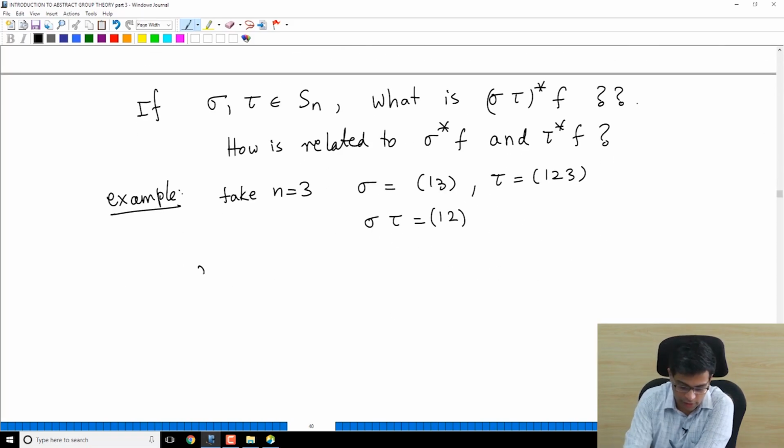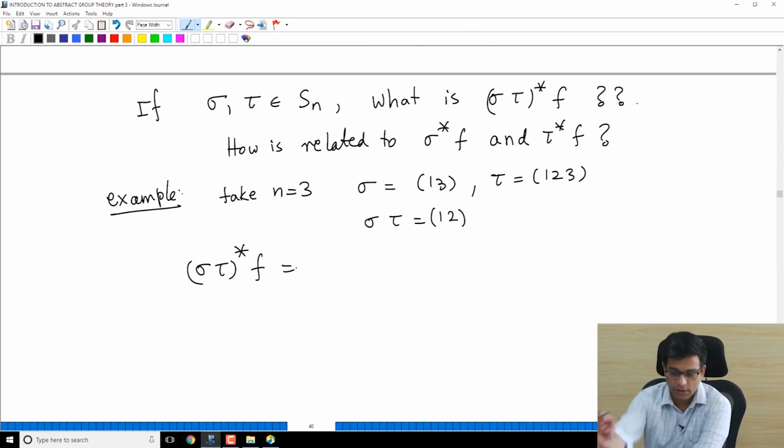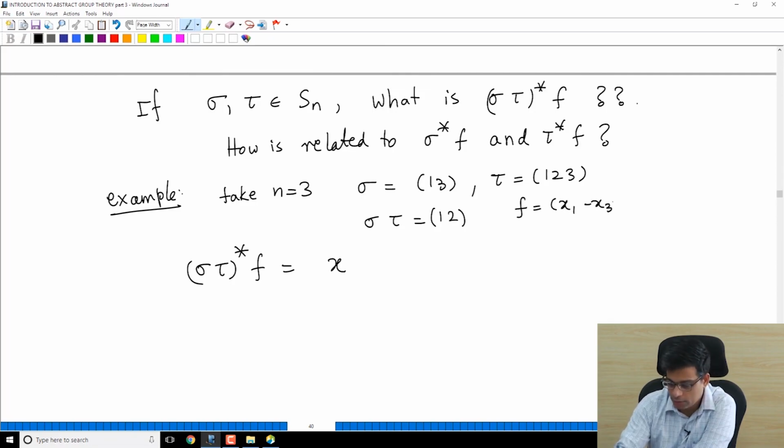And what is sigma tau star f? If you do the calculation that we have done earlier, f was, I'll write it again here for convenience, x1 minus x2, x1 minus x3, x2 minus x3.